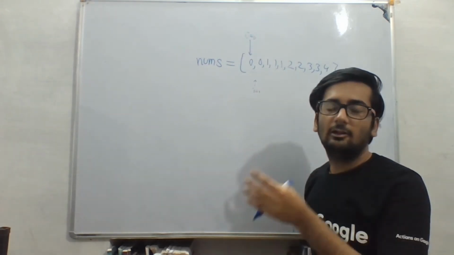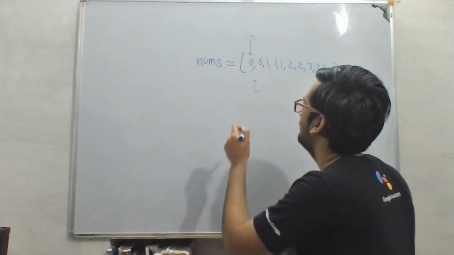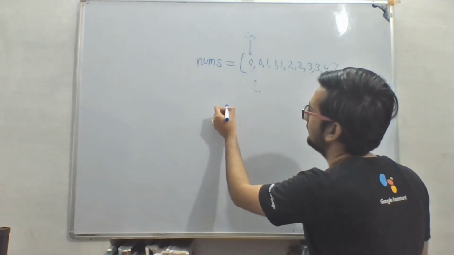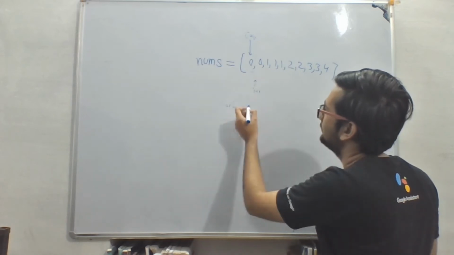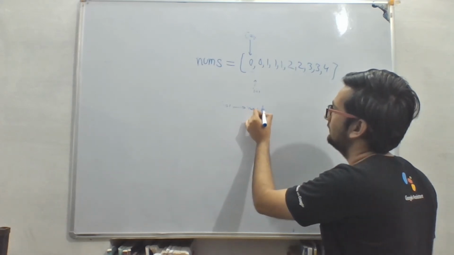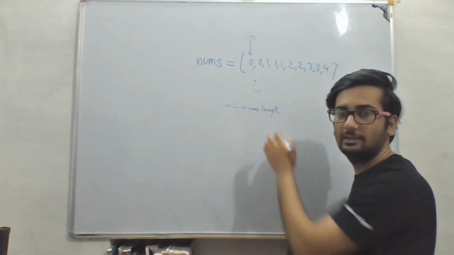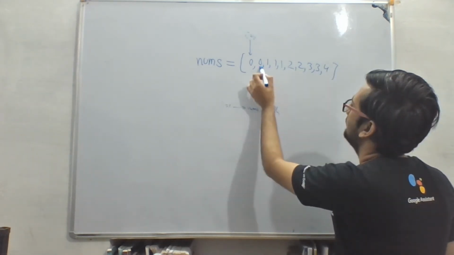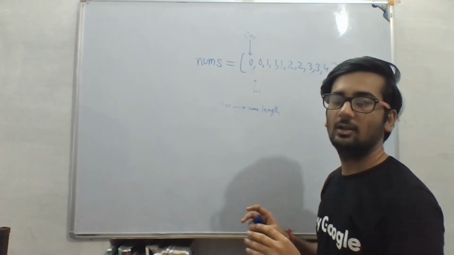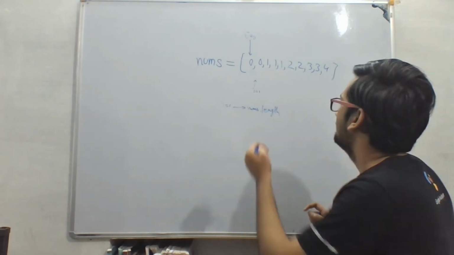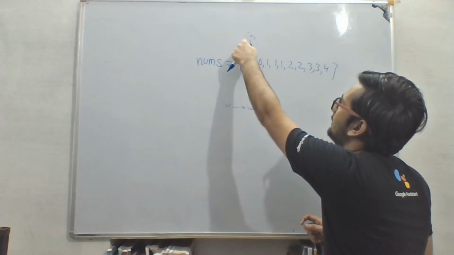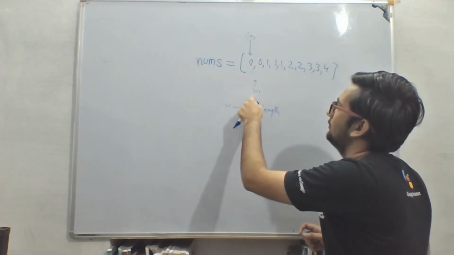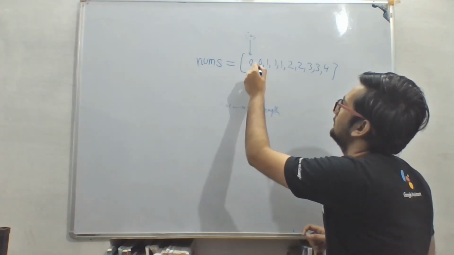So we will iteratively check, so i can go from 1 to nums.length, from here to here. So we have initialized j equals 0 and i equals 1, which is pointing to this.